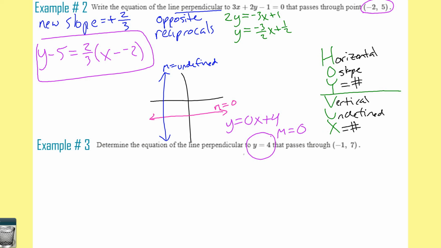So if I've got a horizontal line, the perpendicular to a horizontal line would be a vertical. So I need the vertical line that passes through that point. A vertical line is x equals some number, and since it's going through this point, oh, look at that, it's going to have to go through x equals -1.